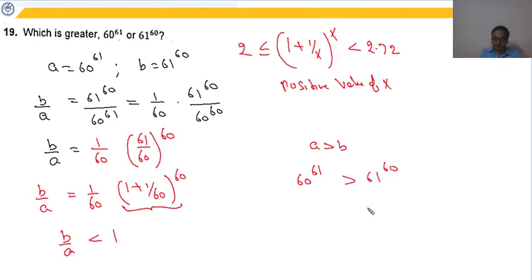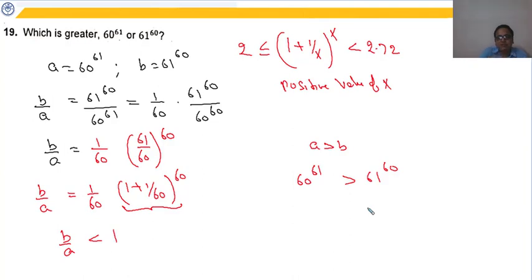This is the manner in which we solve these types of questions. So (1 plus 1 by x) to the whole power x, for positive values of x, always lies from 2 to 2.7. The first term is 1, and the second term, 1 upon 60, should be less than 1. We are talking about positive values of x. We get this value as 2 to 2.72.